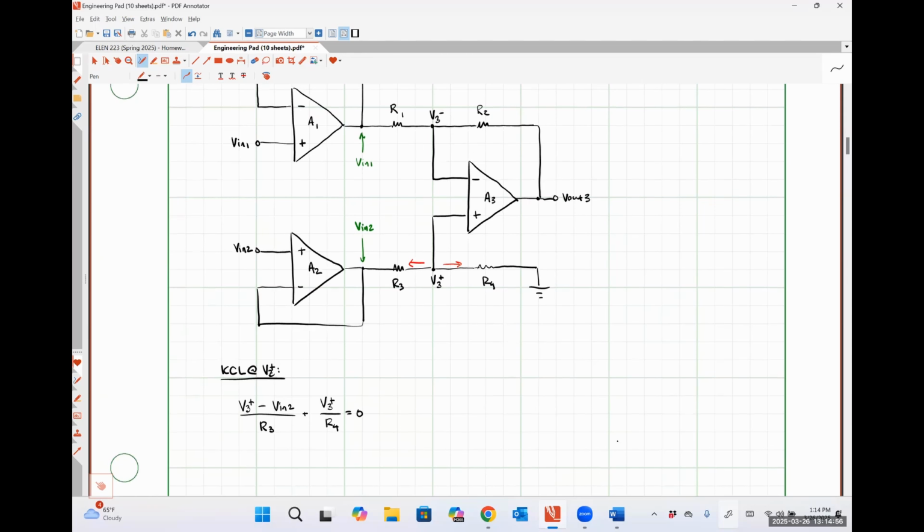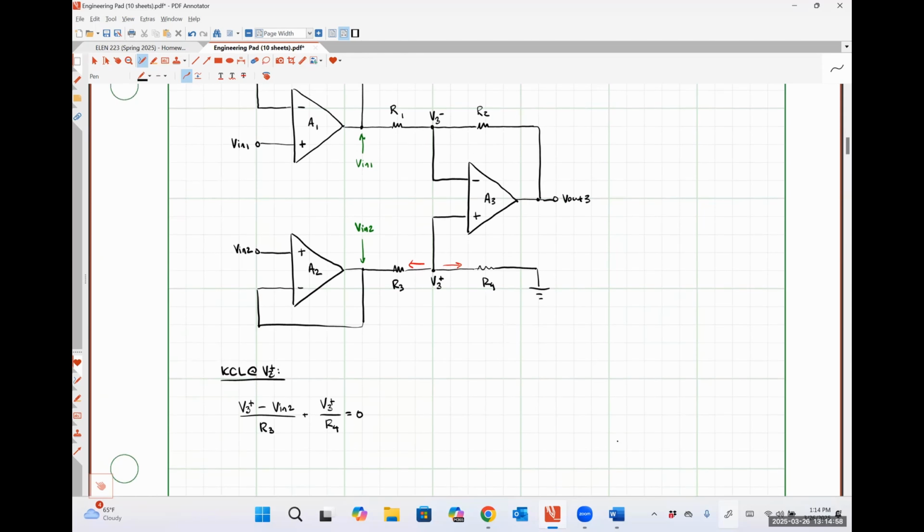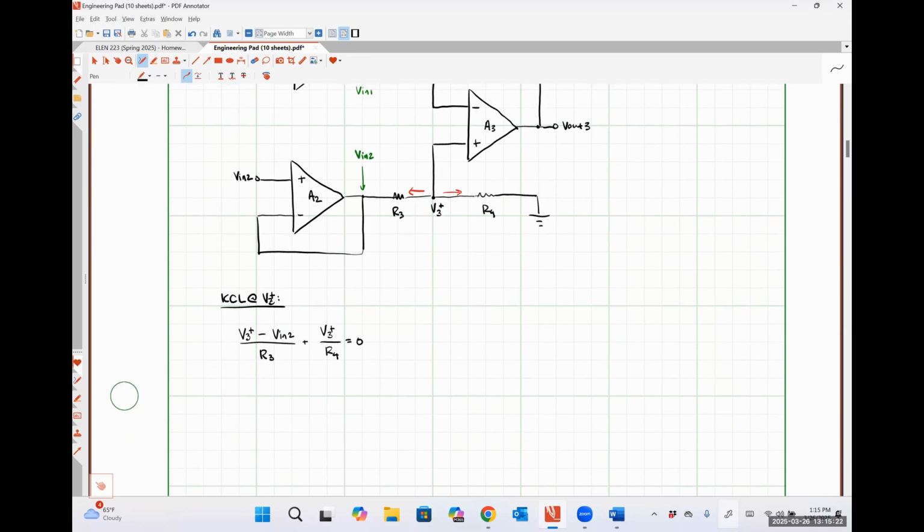Now, I know that since we have a negative feedback system, V3 plus is going to be exactly equal to V3 minus, okay? So I'm going to rearrange this expression and solve for V3 plus in terms of VN2 here, right?